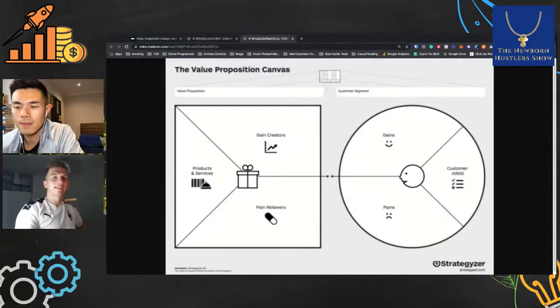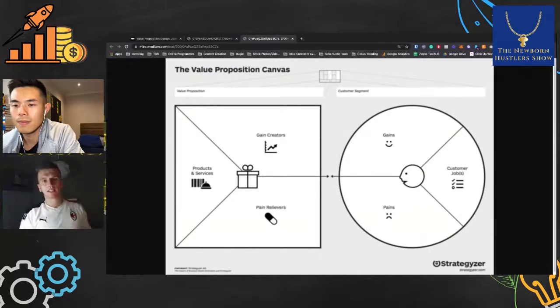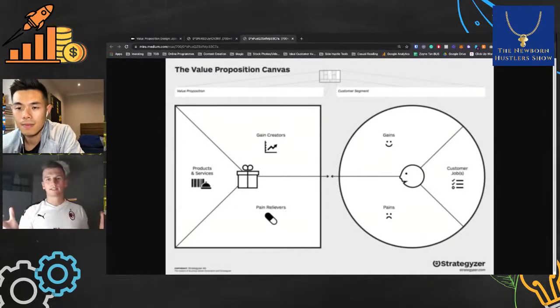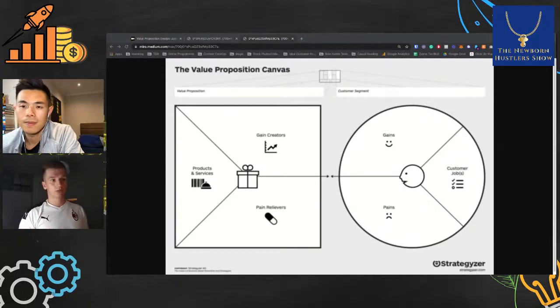Will then appear again in our value proposition canvas, because the value proposition canvas is like two halves of an apple. One half is your customer, so their pains and gains and jobs that they need to complete.